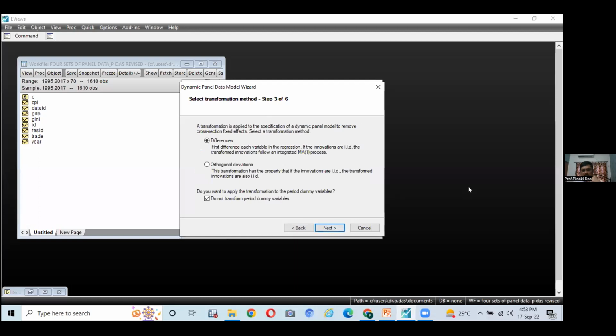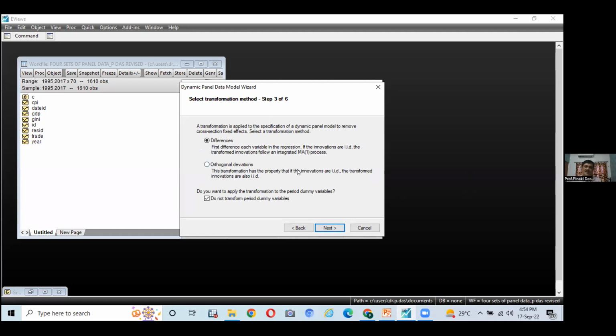Then next, it is step 3. These steps help us with transformation. And what types of transformation do we consider in our model? Here we may consider the difference method or orthogonal deviation method.